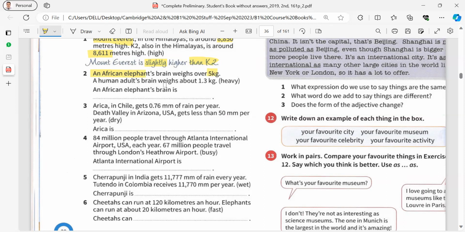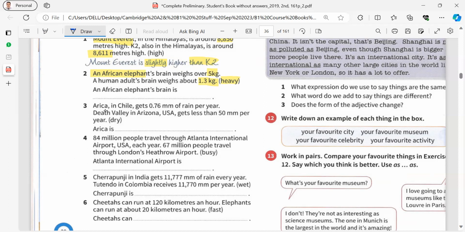A human adult brain weighs around 1.3 kilograms. Compare the African elephant's brain and the human adult's brain. Use the word heavy. Heavier than. An African elephant's brain is heavier.